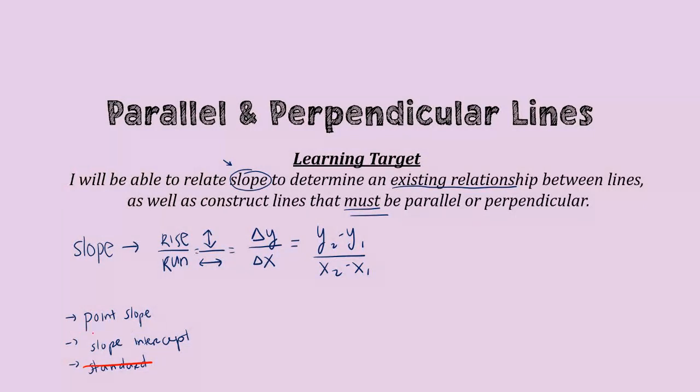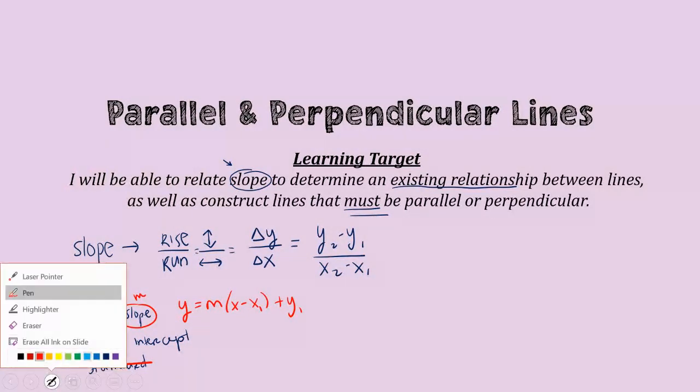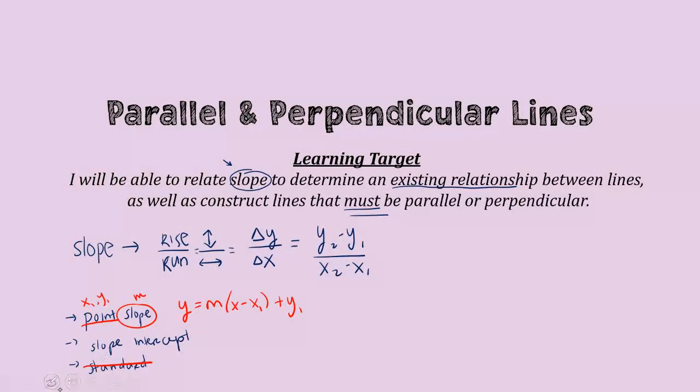So point slope, like it's in its name: I have a point and I have the slope. I have an (x1, y1), and I have the slope, m. That's what this is. And it can be written a few different ways. You could write y equals m times (x minus x1) plus y1. I'm going to highlight the things that you know. m would be our slope.